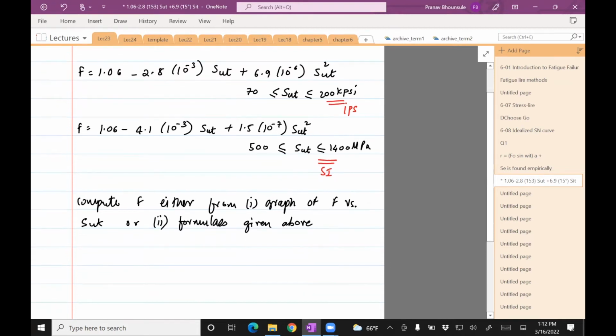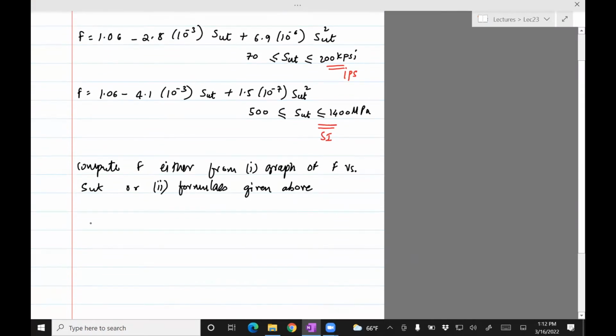Okay, in the absence of a formula, you can just assume it to be between 0.8 and 0.9. So most likely you'll be given the value for F.